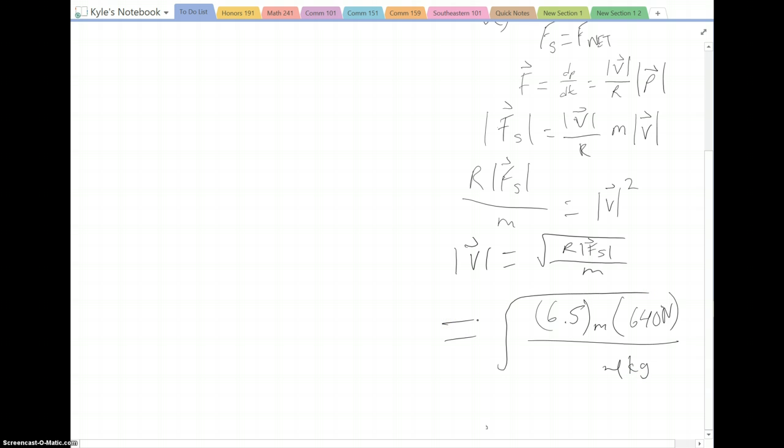Solve that and we get 32.2 meters per second. That is equal to the velocity. So that's how we solve for our velocity.